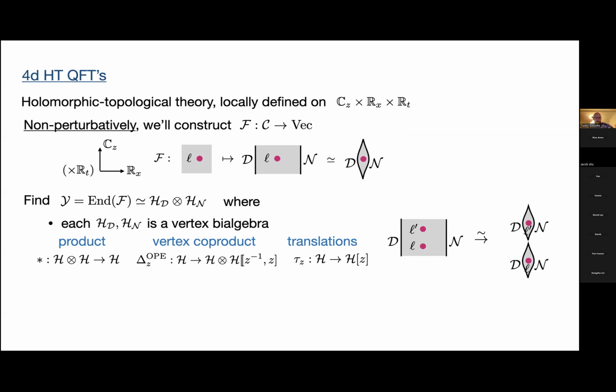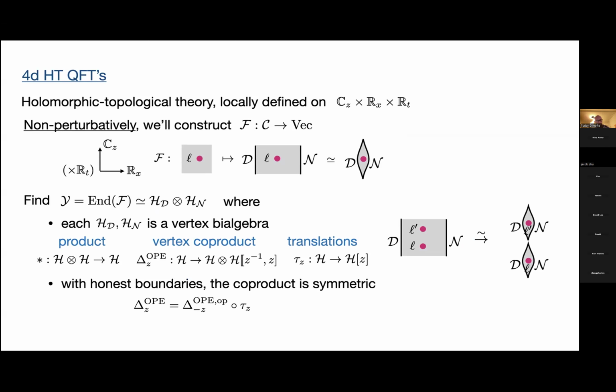That's one coproduct that appears, and I'm specifically calling it the OPE coproduct. It does not need to be regular as z goes to 0, and so formally it's valued in Laurent series in z inverse. On the other hand, if you're really able to come up with honest boundary conditions like this, this coproduct ought to be completely symmetric.